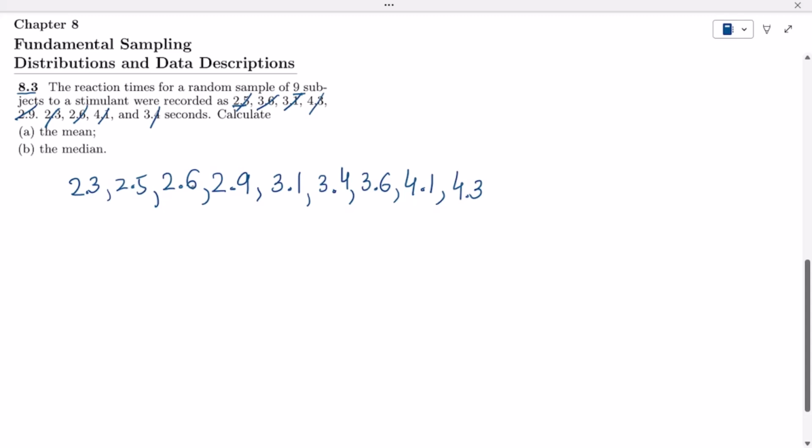Okay, so we have 1 2 3 4 5 6 7 8 9 samples.